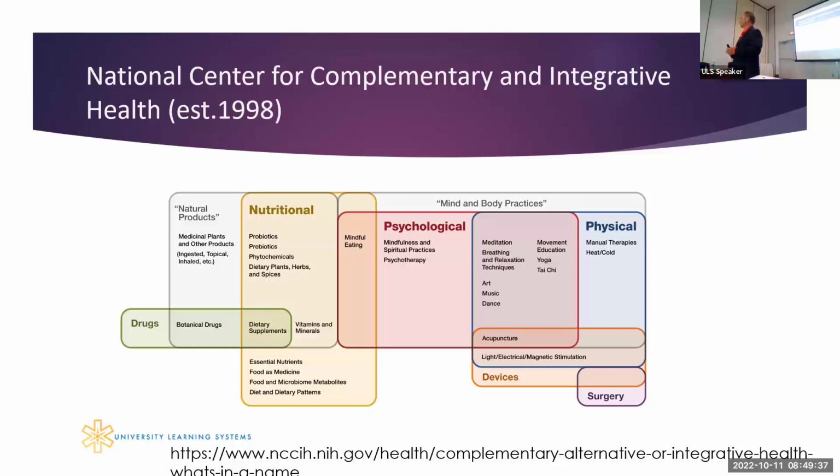It's all one system. We just split it up because it's easier to study that way, but that's where we get into trouble too. So then they have the psychological, mindfulness, and spiritual practices: meditation, breath work, yoga, tai chi. So all the mind-body stuff.